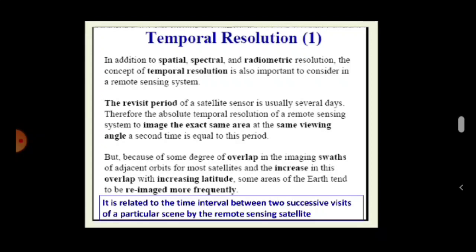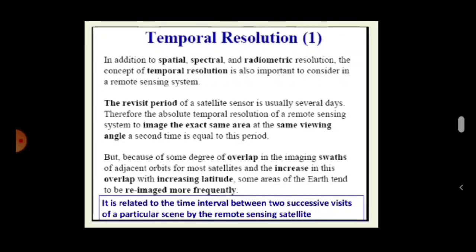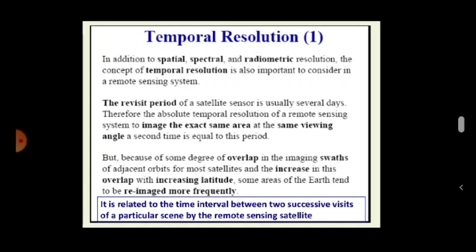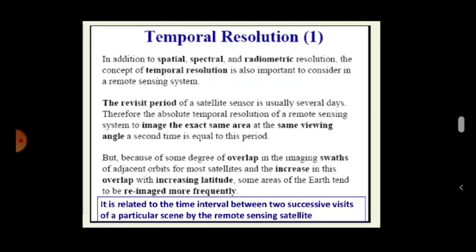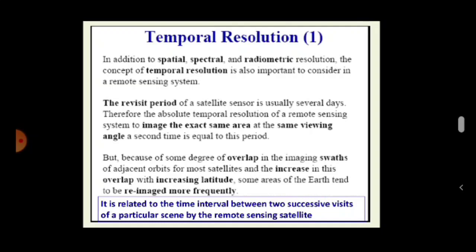So temporal resolution is with time. So if you say Landsat TM satellite, its temporal resolution is 16 days or something. So it means the same position is measured by the satellite over an exact 16-day period.